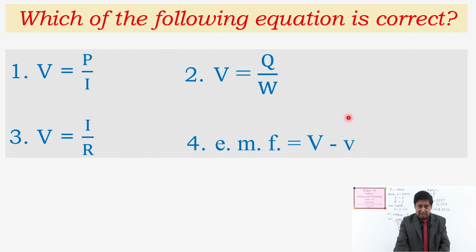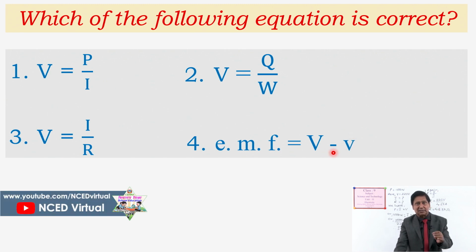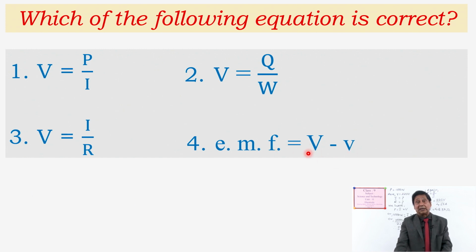It was done in the previous class, and external PD plus internal PD is equal to EMF, not subtraction. The energy supplied by a source for the flow of one unit charge round the circuit connected to it is EMF, and this EMF is equal to external PD plus internal PD, not minus internal PD. So this is also incorrect. Only one is correct, others are incorrect. Now this part is also finished.